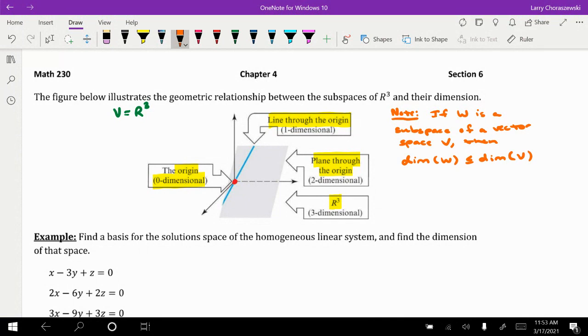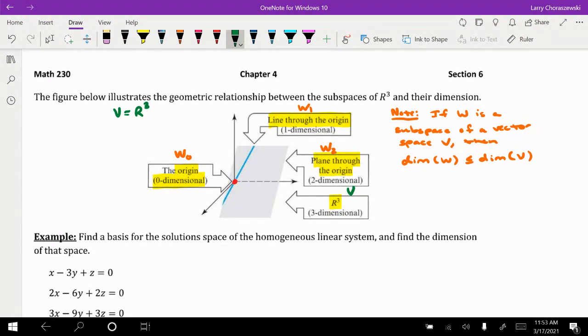I'll start with the origin, or the 0 subspace. I'm going to call that W sub 0. And then I'm going to call the line through the origin W sub 1, the plane through the origin W sub 2, and then all of R3, we were calling that V at the start of this part.